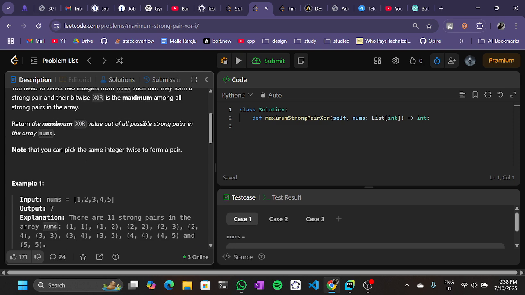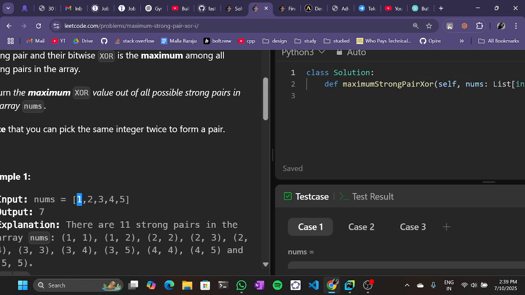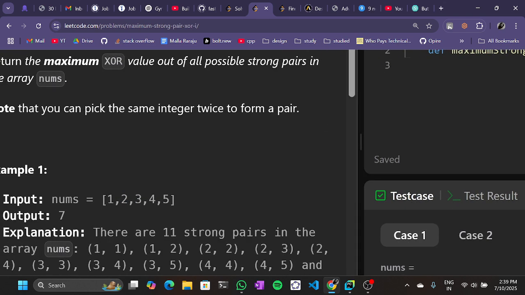So 1 minus 1 is 0, which is less than 1, and 2 minus 2, 3 minus 3. So we can always consider same-value pairs without checking.